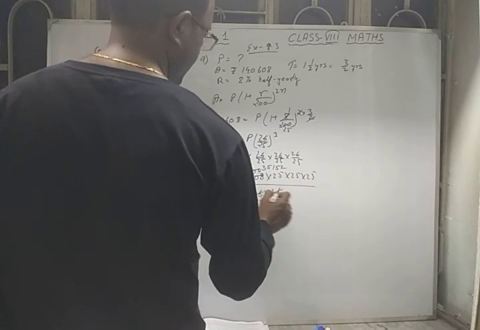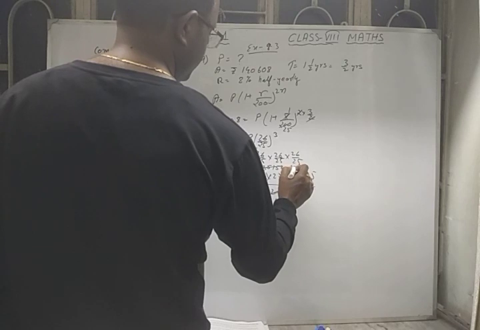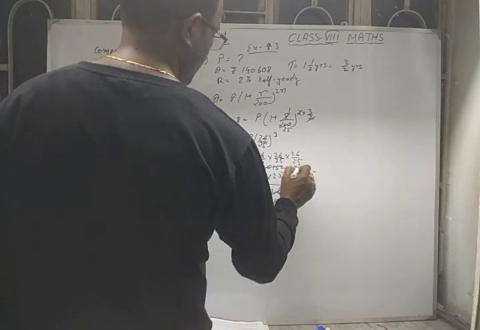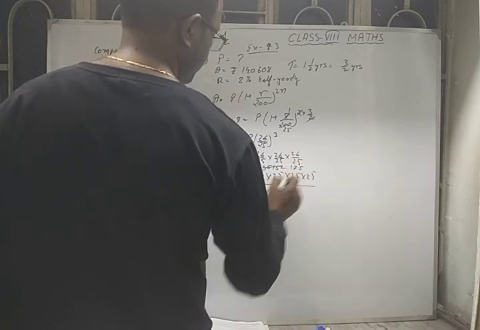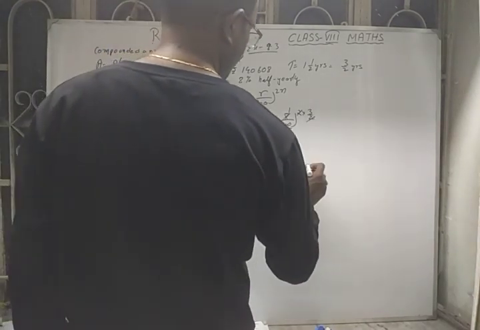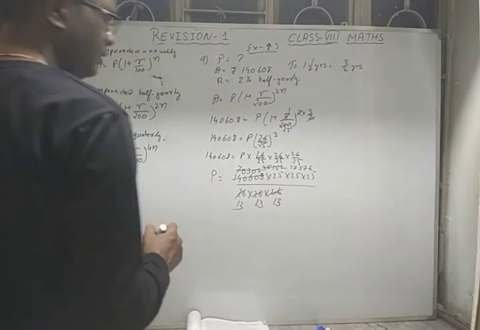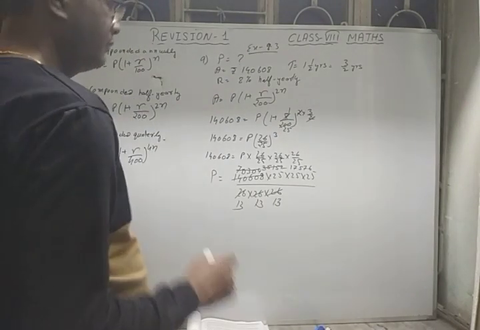Again it is even, you can cancel it by 2. So it is there, you can divide it.